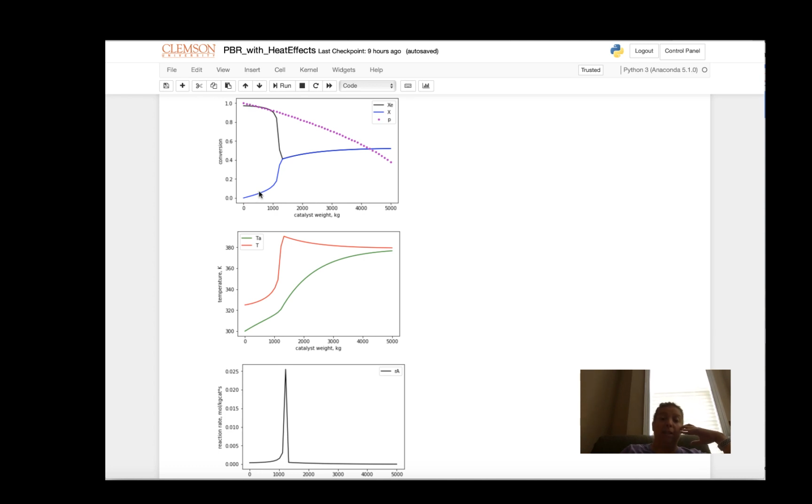Instead, we have to heat the reactor contents up pretty significantly in order to achieve the equilibrium conversion. By the time we do that, though, we've achieved a temperature where the reaction likes to go in reverse. So this shows you the importance of designing catalysts that have low activation barriers.